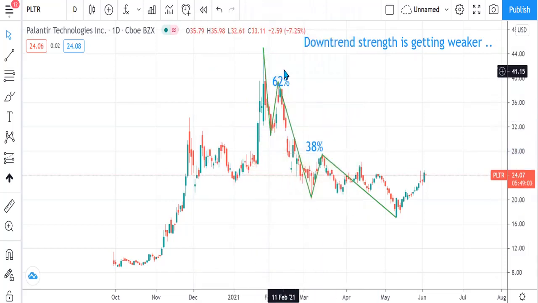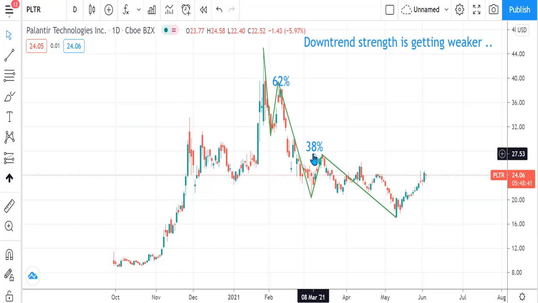Initially, in the first loop here, it managed to go up by 62%. And now, it only managed to go up by 38%. So that means the ability for it to go up is getting weaker. From 62% become 38%. That means it has more power to go down.